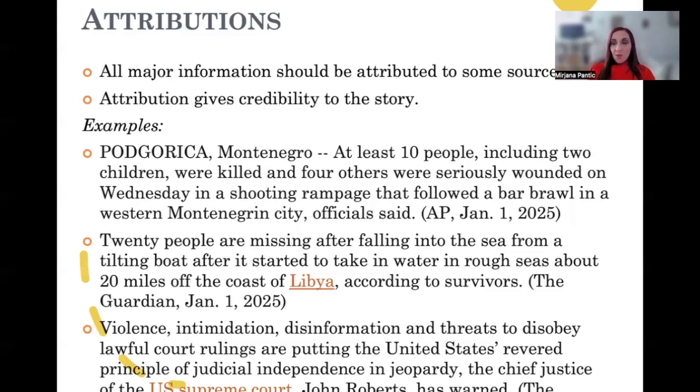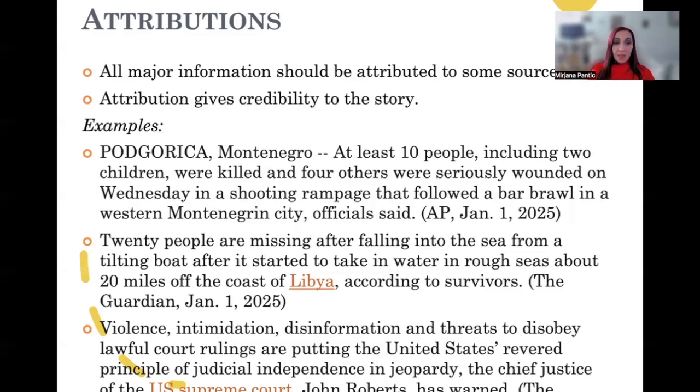So in the lead of the story, The Guardian basically stressed that they collected this information from the survivors, which means that you're expected in the rest of the story, the inverted pyramid story, to learn more about what those who witnessed this event had to say about it.